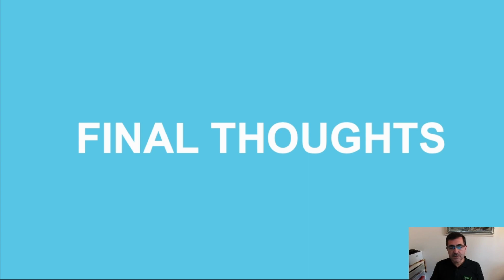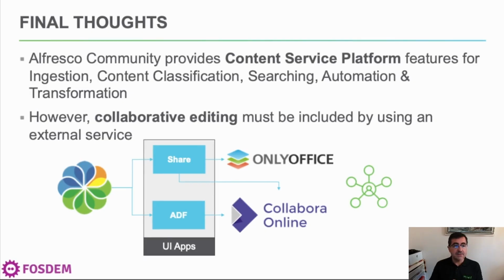So both integrations are providing add-ons for the repository, for the Share application, and also Collabora Online is providing an Angular component for the new UI, the ADF ACA Alfresco UI application. So with that, just remember that Alfresco is providing some content service platform features that can be useful for you in order to prepare the documents for this online collaboration.